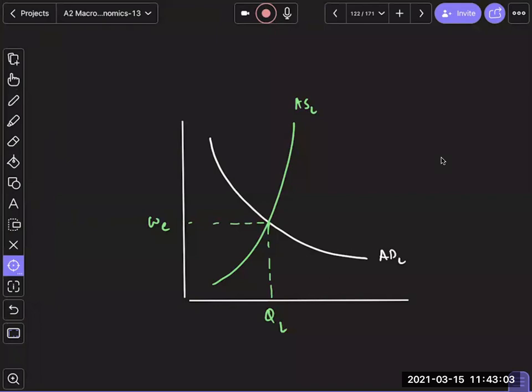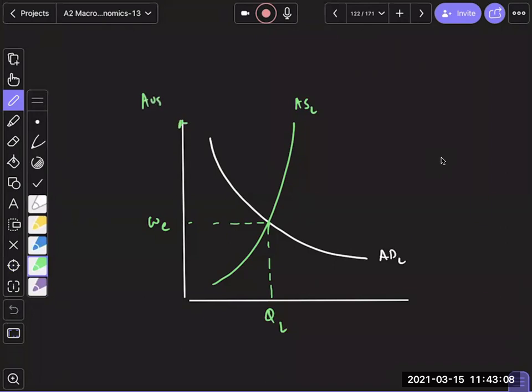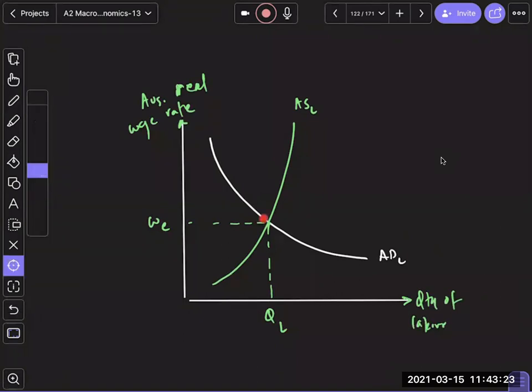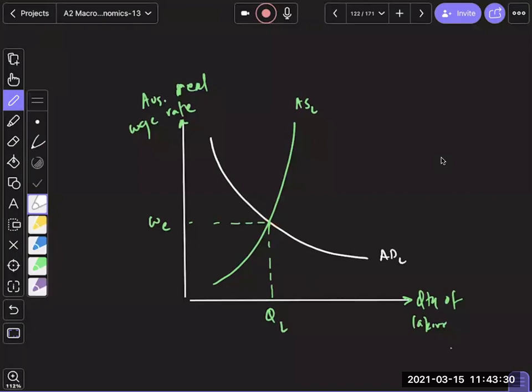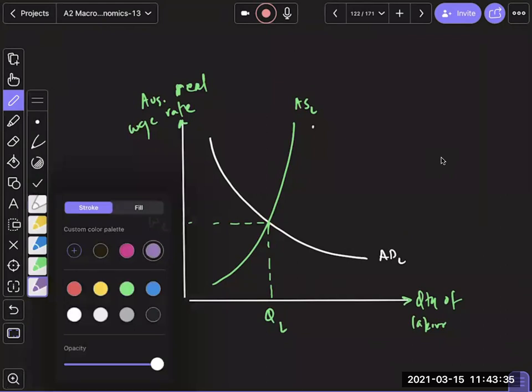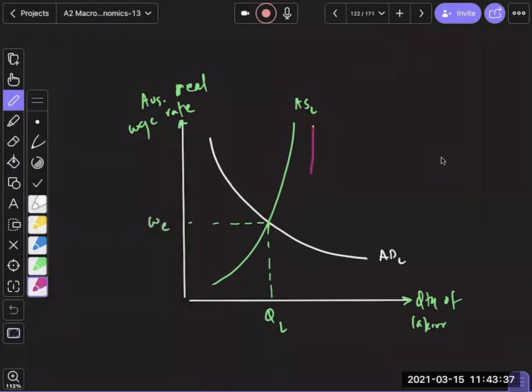So total employment is, let's say, L. This is my average real wage rate, and this is my quantity of labor, right? But there must be people who are willing and able to work at the going wage rate but unable to find work. So we draw a curve called the total labor force curve, which is something like this.